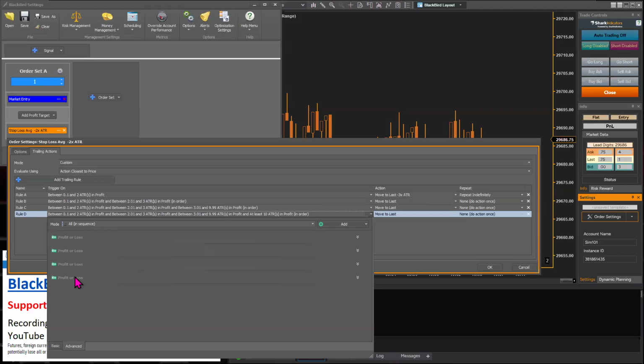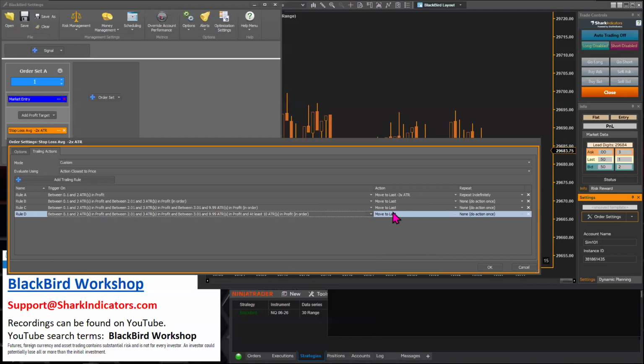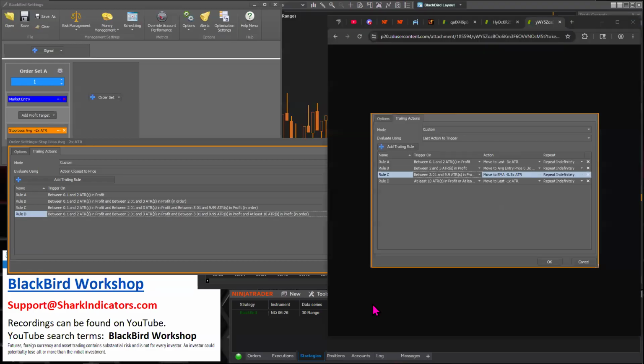D has to wait for rule C, which is 3 to 10, and before that has to wait for rule B, which is 2 to 3 ATRs. So on and so forth. And then of course, you can set up whatever your trailing distance is, however you want to tighten that up.